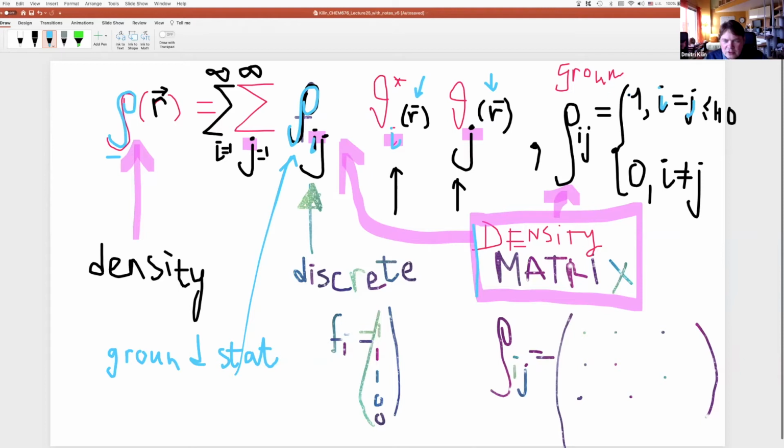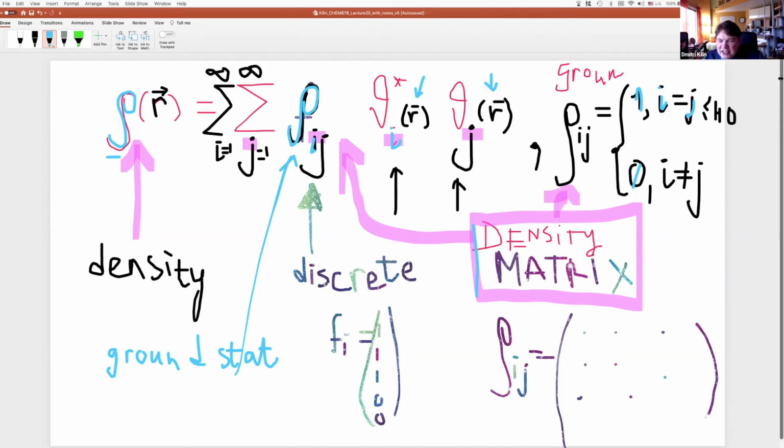So we need to put here 1 if i equals j and 0 if i is not equal to j. And also we need to put 1 only if i and j are smaller or equal to HOMO. Then this definition of density will agree with the one that we used in traditional DFT, ground state DFT.